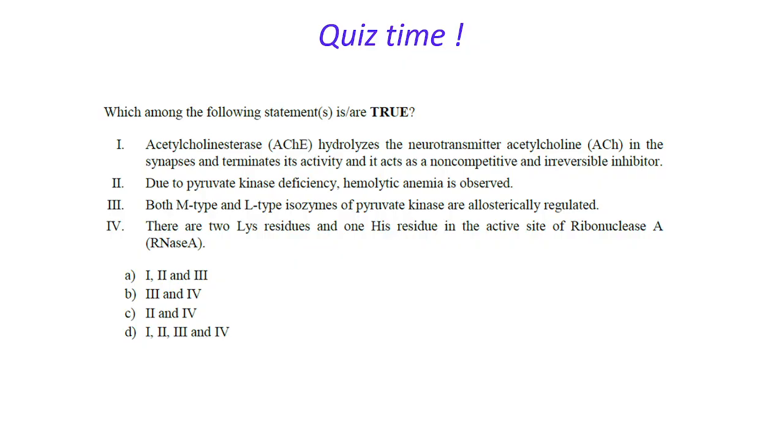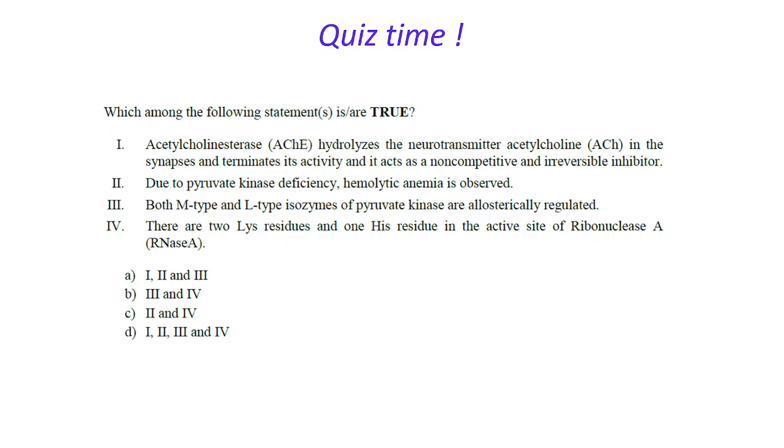This is false because this enzyme hydrolyzes the acetylcholine in the synapse to terminate its activity. However, it acts as a competitive inhibitor, not a non-competitive or an irreversible one. So this is incorrect. One is not right. So you can eliminate options A and D. So you have 3, 4 and 2, 4.